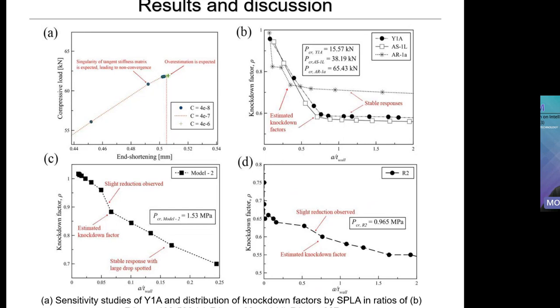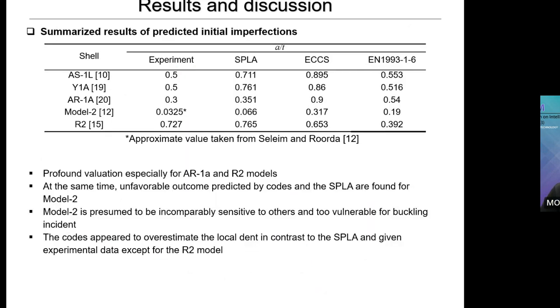Then B with R over T wall of 63, and D with R over T wall of 267. So this is all the result obtained, where of course B is under axial compression, and C and D are under external pressure. Okay, and this is a summarized result of predicted initial imperfection.